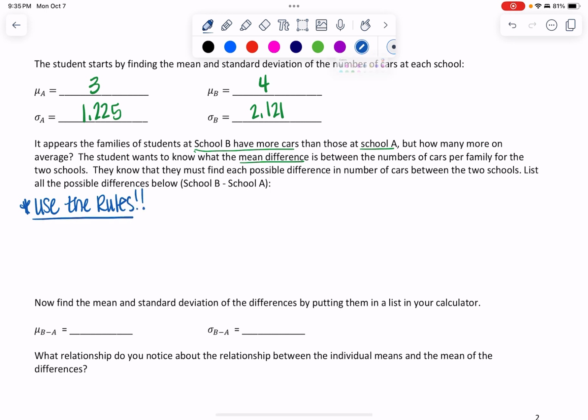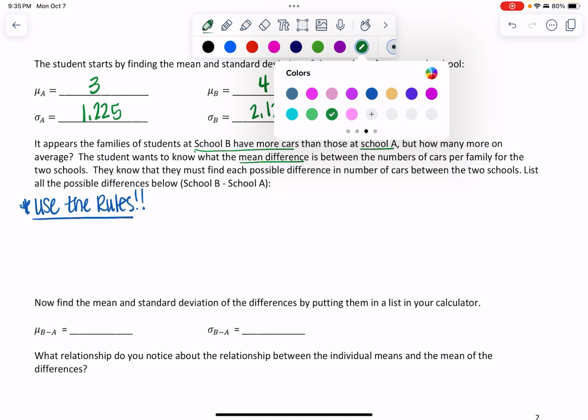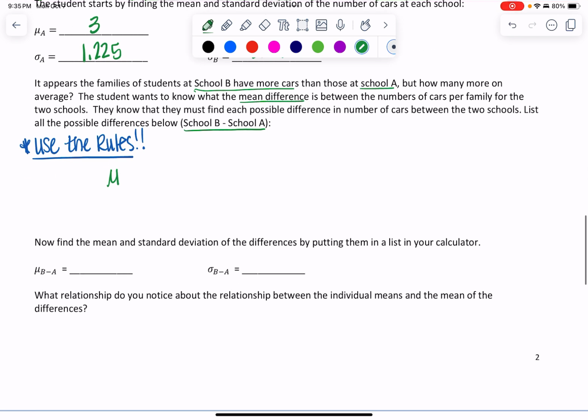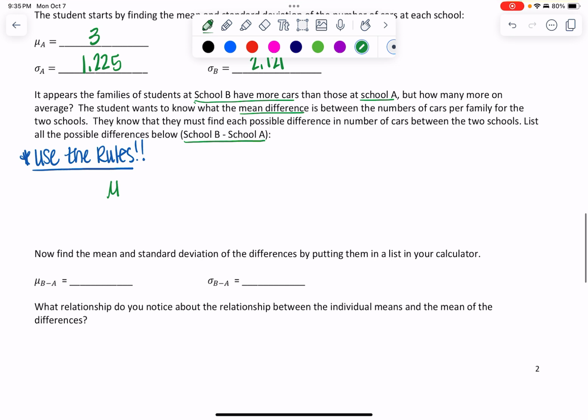And the rules say that we want to do school B minus school A. So mu of B minus A is equal to 4 minus 3, which is 1. So the average difference is 1 car.